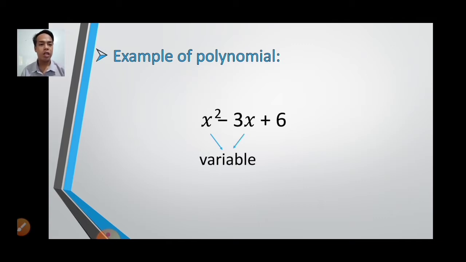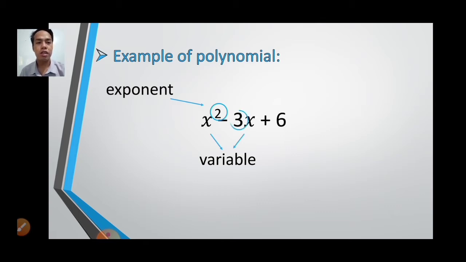Any letter in the given expression is a variable. Next, the 2 on the upper right corner of the given variable, that is what we call an exponent. Again, the number on the upper part of the given variable is the exponent.